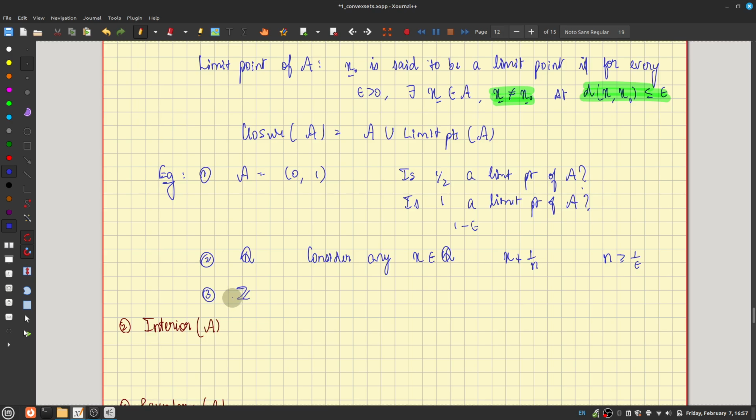All right. So Z in fact has no limit points. You take any point in R, it is not a limit point of Z. But Z is a closed set because it has no limit points. So the closure of Z is Z itself.